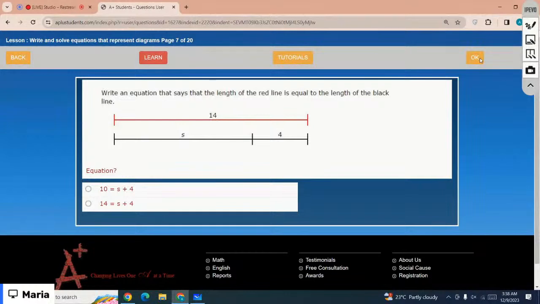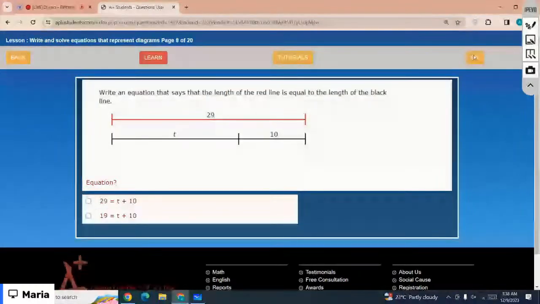Yes, the correct option is 14 equals s plus a number. The length of the red line is equal to the length of the black line. So, which is the correct option?